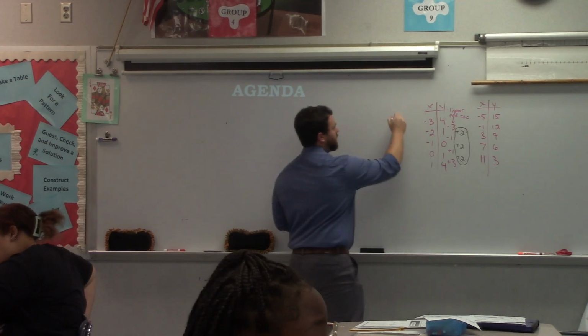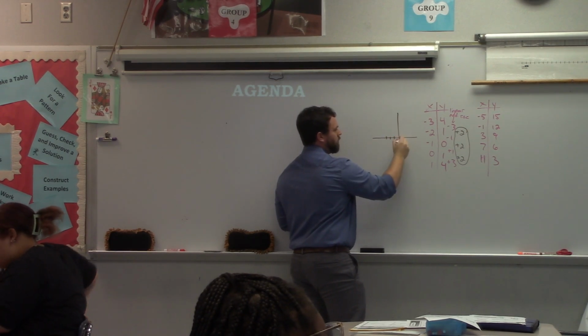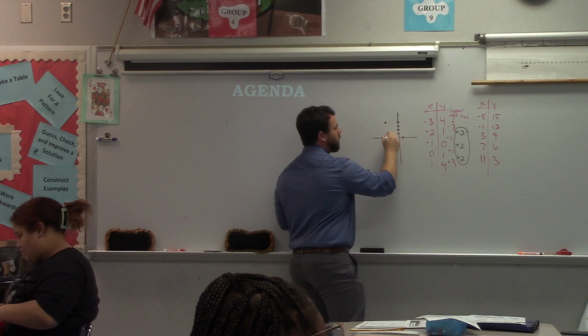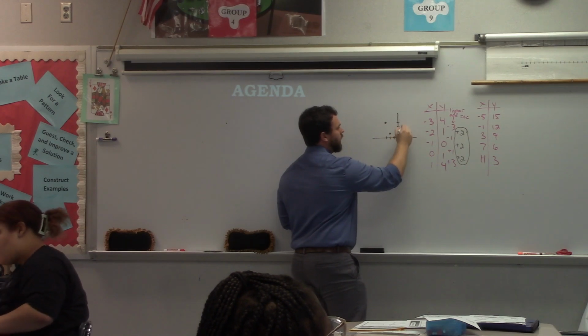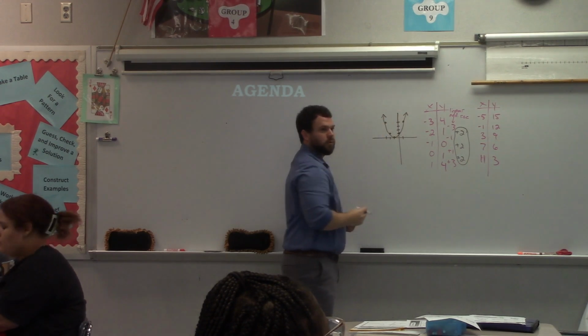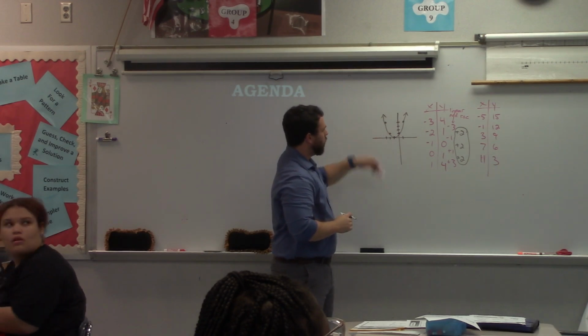And if I were to take the time to graph this, -3, 4; -2, 1; -1, 0; 0, 1; and 1, 4. Notice how it creates a parabola, right? So quadratic: rate of change, or graph it.